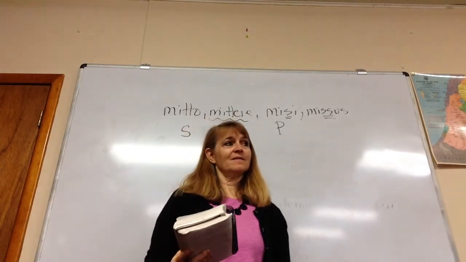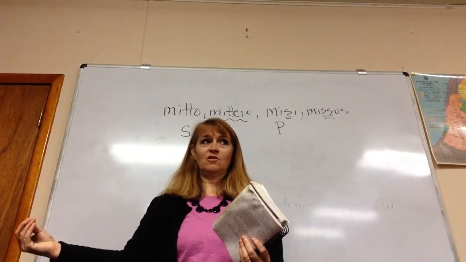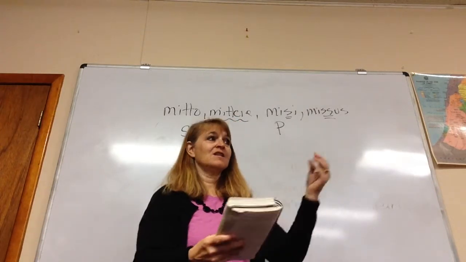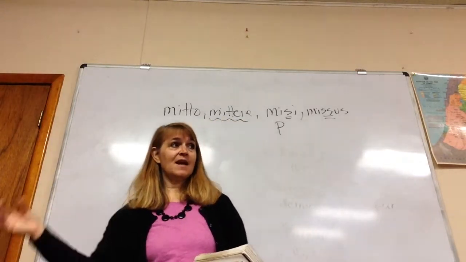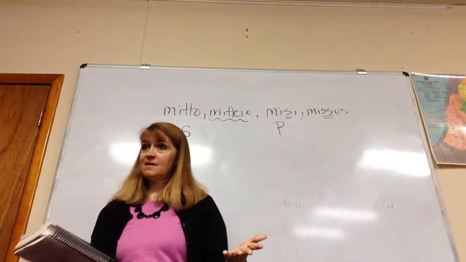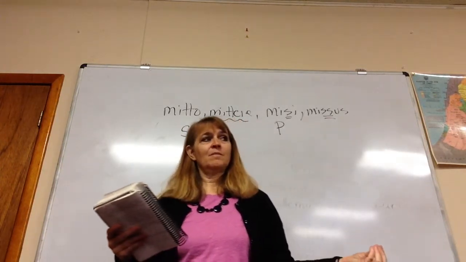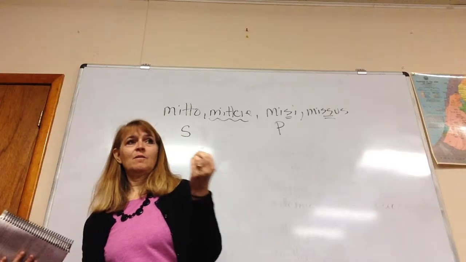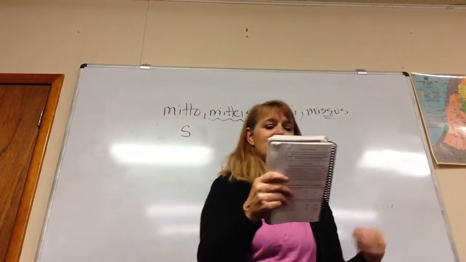Okay, das. So s becomes ris. Instead of das, take off the s and add ris: daris. Mones. Moneris, right? Or moneris, depending on where we accent.